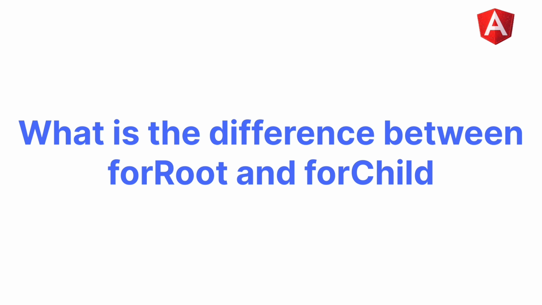Then at the module level I can use RouterModule.forChild for the child level routing entries. There will be one root level we have to define, and there can be multiple forChild.